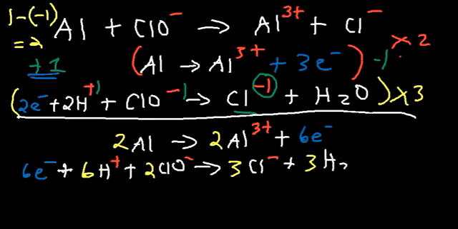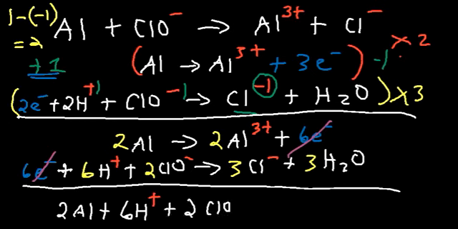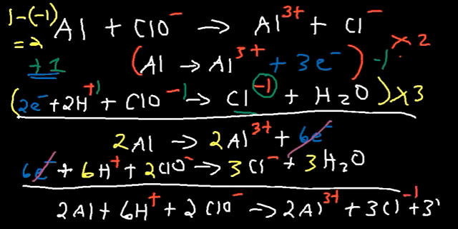Now we can add these two half reactions, and the electrons will cancel. We get 2Al plus 6H+ and 2 hypochlorite ions, which turns into 2Al3+, 3 chloride ions, and 3 H2O molecules.